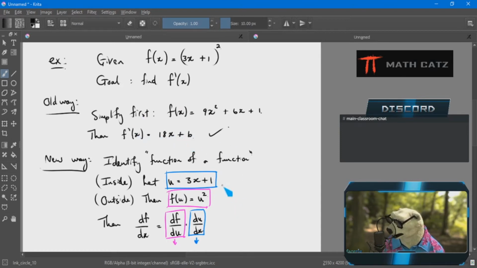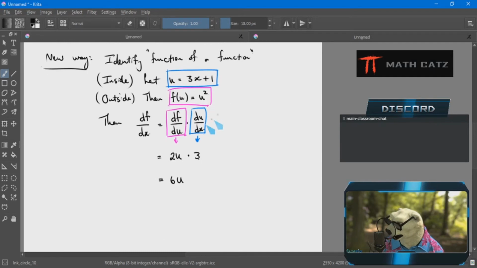So the u being the choice that I make to find this derivative, I can't leave my answer in terms of u. That's not the original variable. I have to write it back to the original variable, but that's not a big deal because this u is over here and it is the same as 3x plus 1.